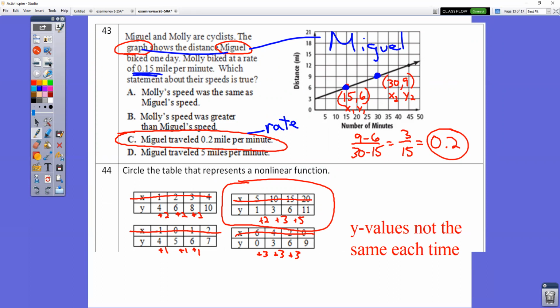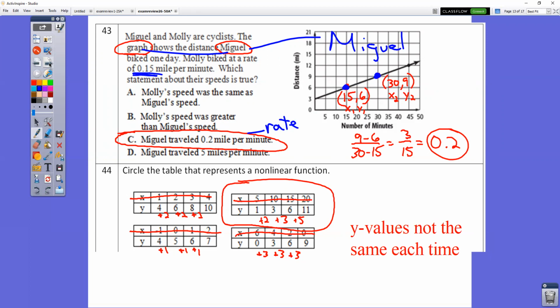In number 44, choose the table that is a non-linear function. Well, take a look at the other three choices. Take a look at your y columns. Adding by 2, adding by 2, adding by 2; adding by 1, adding by 1, adding by 1; adding by 3, adding by 3, adding by 3. Those are consistent. They're the same.